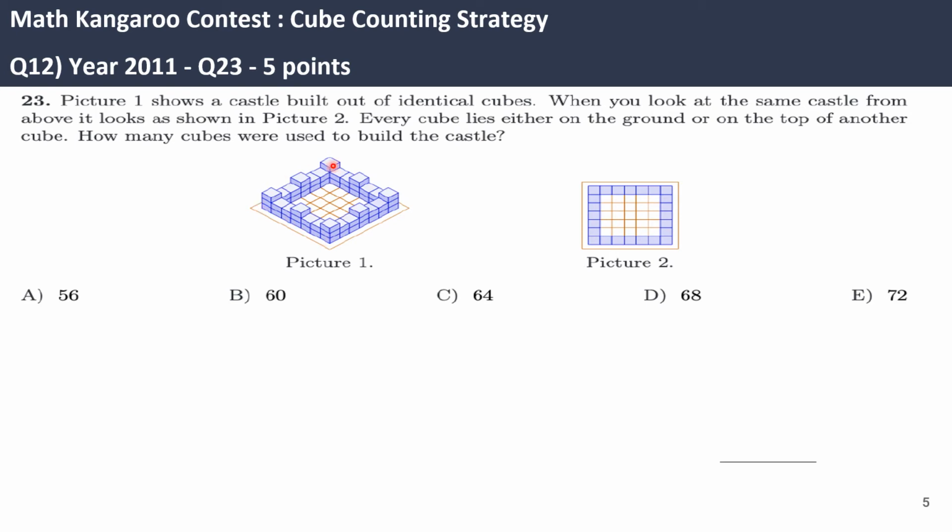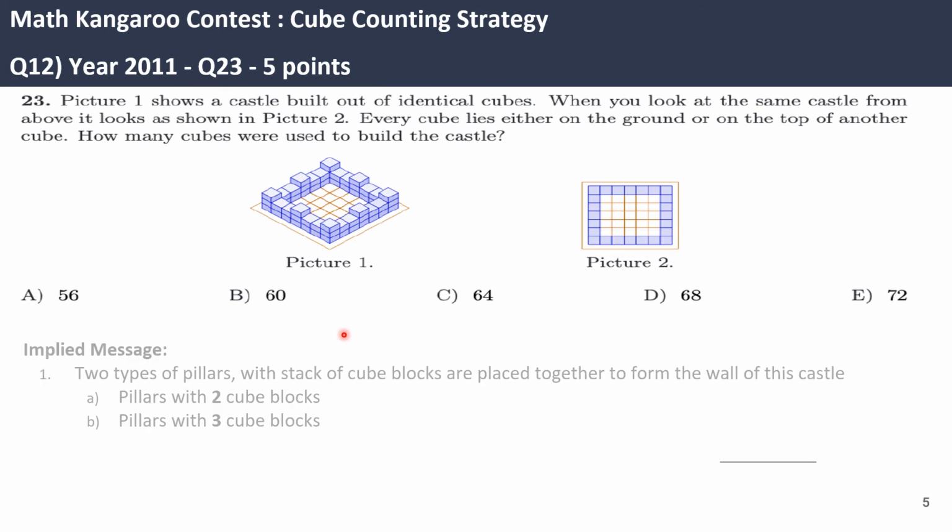So you can see that there are 3 stacked pillars which are slightly higher, and then there are 2 stacked pillars. How I would go about solving this question is, I will count the number of 3 stacked taller pillars and the number of 2 stacked pillars to find out my final answer.